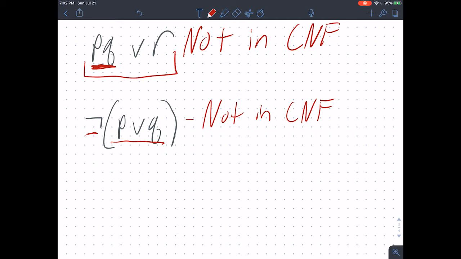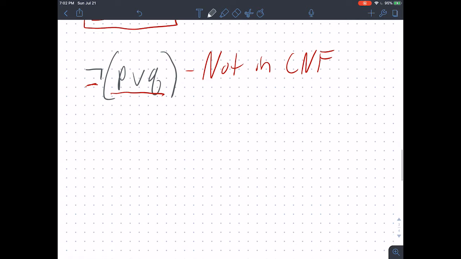And so we could convert this into CNF. If we applied De Morgan's law to this, we'd get not P and not Q, right? And so the way to make this into CNF would be to put a dot here. So this is a conjunction of single letters, and that counts as being in CNF. Don't worry about edge cases like that, though. The ones that you'll have to do probably won't be that tricky.